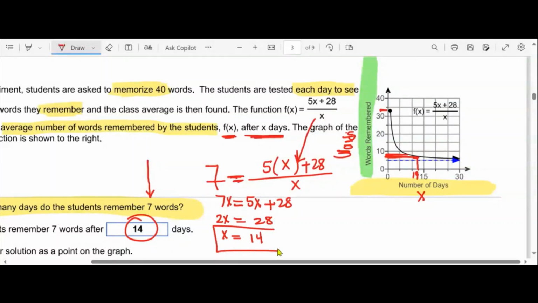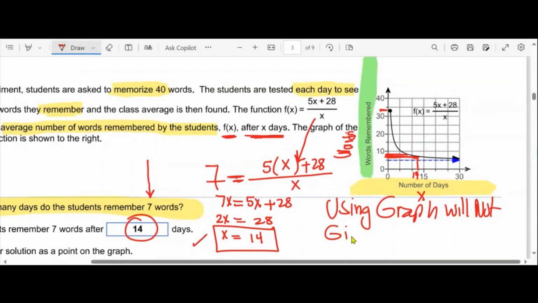Because when you look at the graph, you might get it wrong. Yeah, because it's not exactly how you see it. Okay, using the graph will not give an accurate answer.